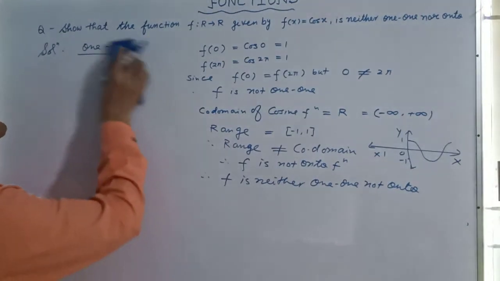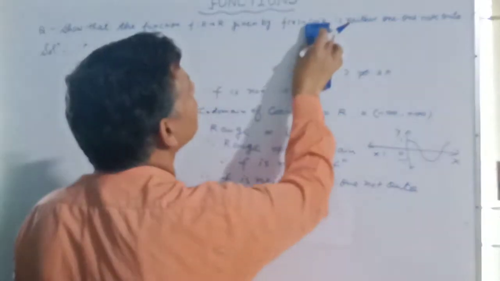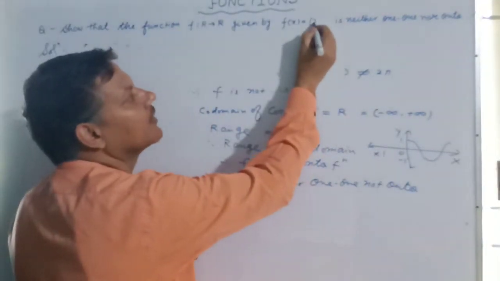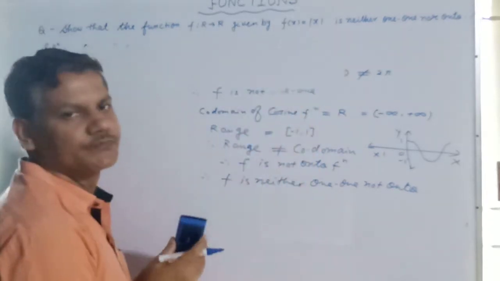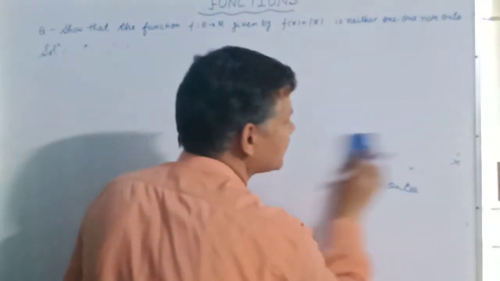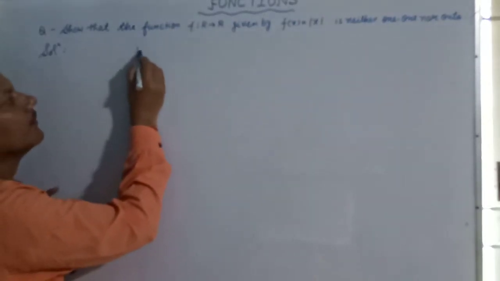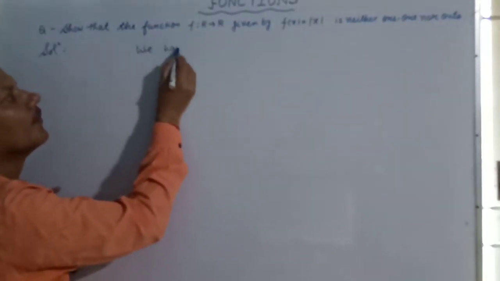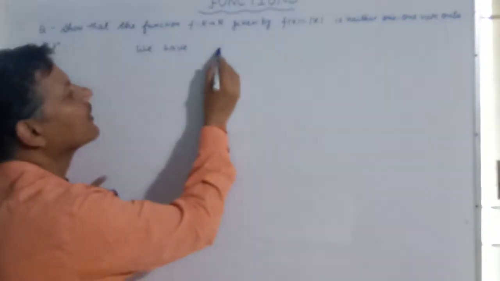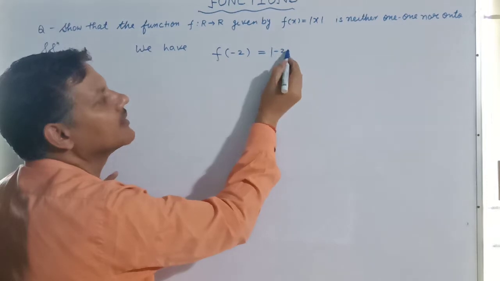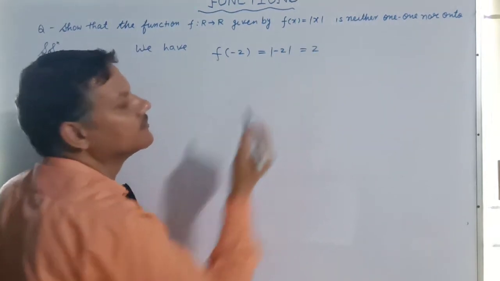Now just take another function. Another function that is very simple is the absolute value function or modulus function. For the modulus function, it is very much the same. Starting from one-one, we have f(-2) = |-2|, and it comes as 2.